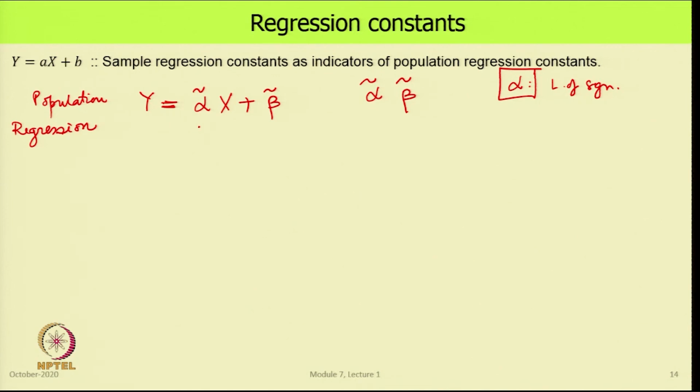So, our experiments, whatever A's we get, A1, B1, they are estimators of alpha tilde and beta tilde, and we have to give an interval estimate.